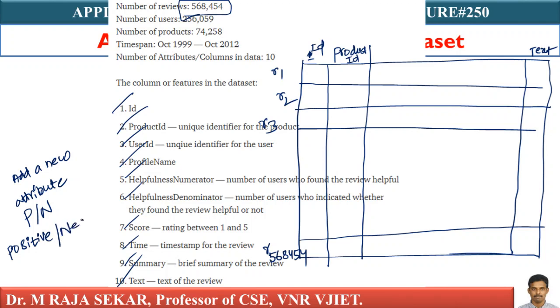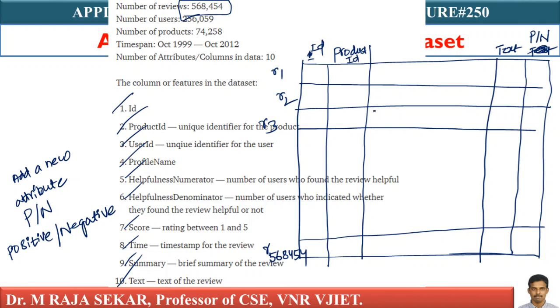Let me add this column. Let me assume this is the text column, my last column, and I am adding one more column, P/N. P/N means positive or negative. The way I will determine whether it is positive or not is by using the score.